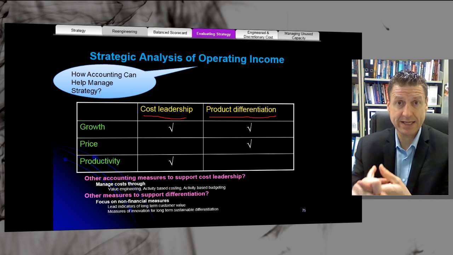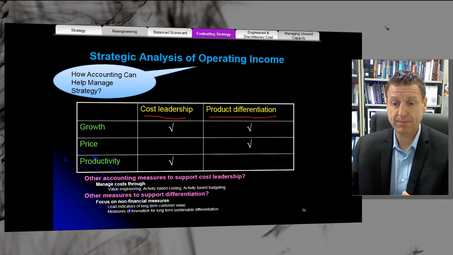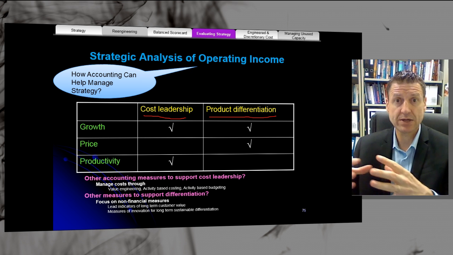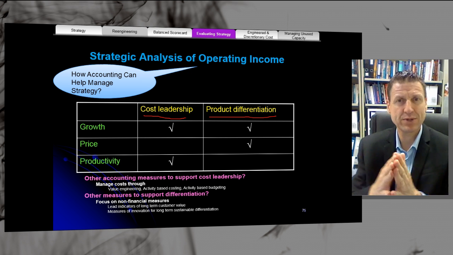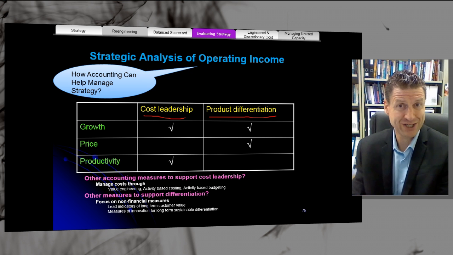It might be quality, it may be ease of use, it may be short lead time, and it may be after-sales service support. These are all differentiating factors, and customers may come to you because of these non-cost reasons, and so we put that in the bucket of product differentiation.